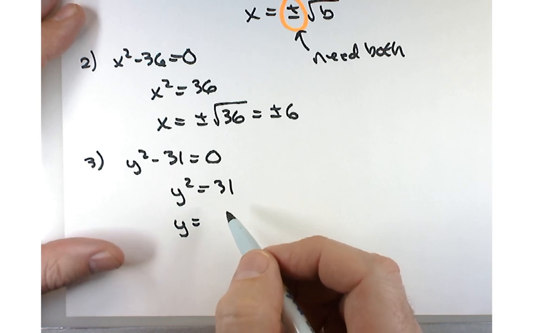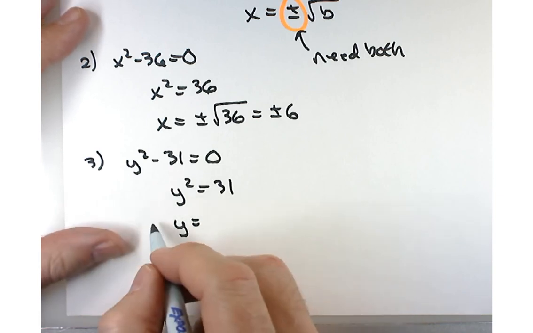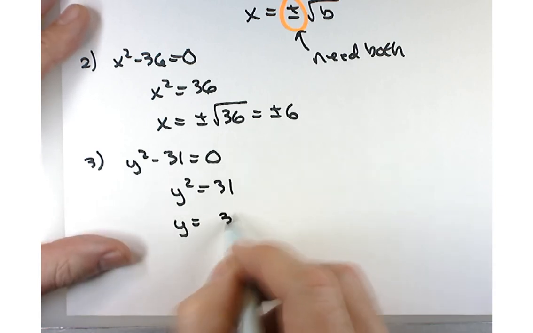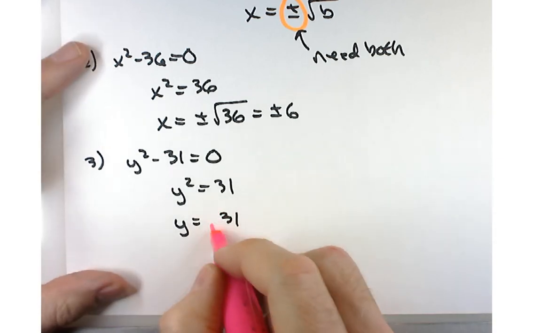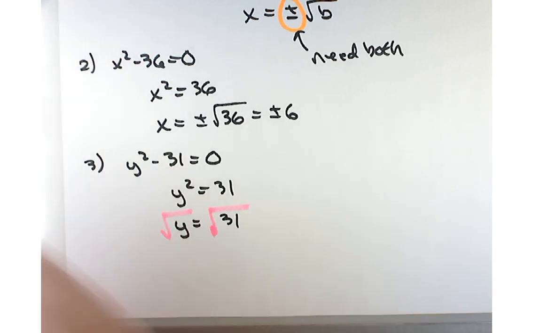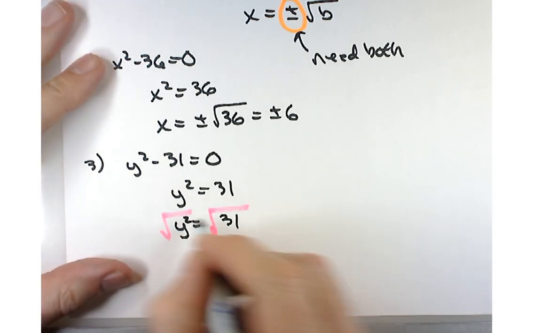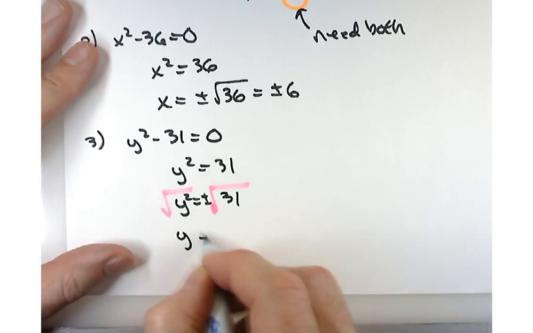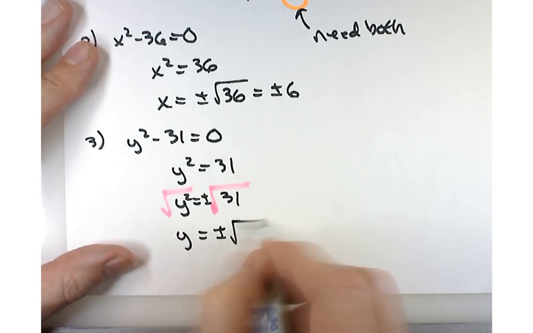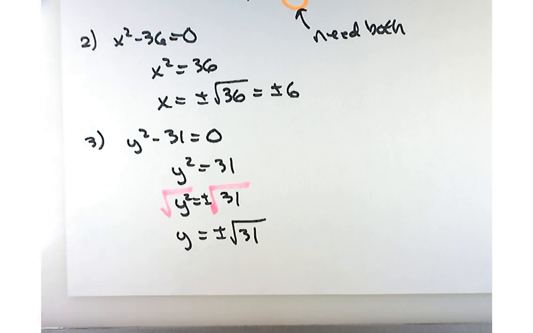So let's actually write it all out. Square root here, square root here. Actually, I need the square there. Don't forget the plus or minus. And y is going to equal, well, there's not much I can do with the square root of 31. It's just the square root of 31.